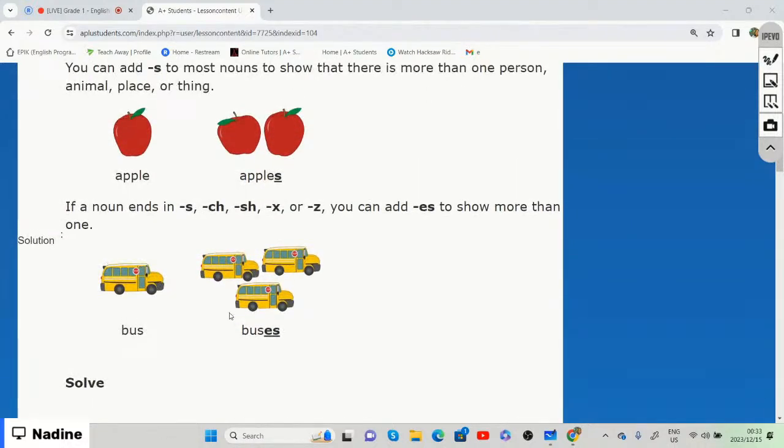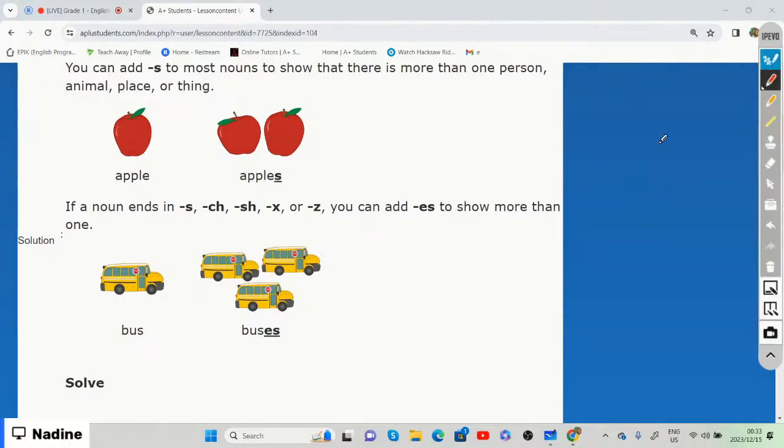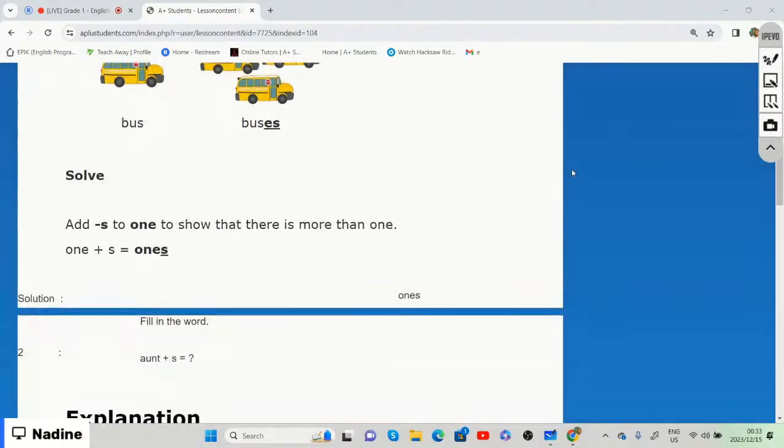It's 1, and when we add the S, it's ones. So 1 plus S is ones, and that shows that there is more than one.